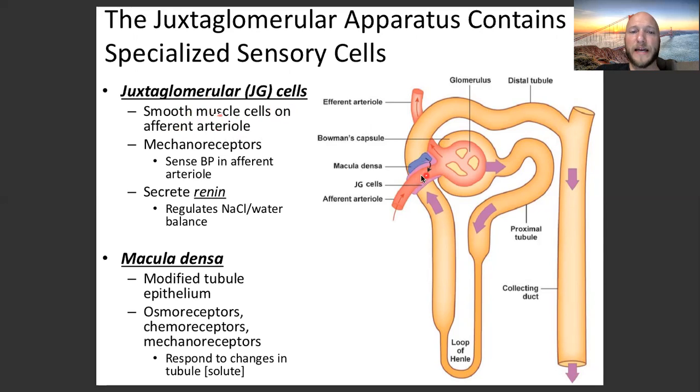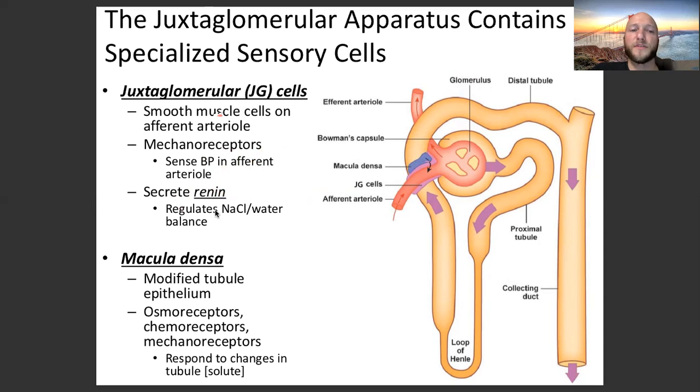Smooth muscle cells on the afferent arteriole, and they are mechanoreceptors. They detect stretch, and stretch is caused by blood pressure. So they sense blood pressure by sensing stretch in the afferent arteriole.